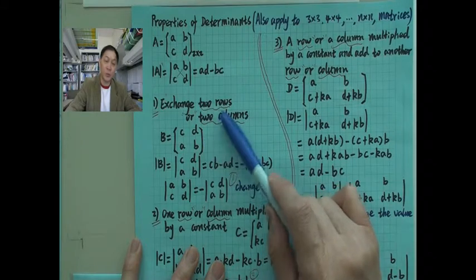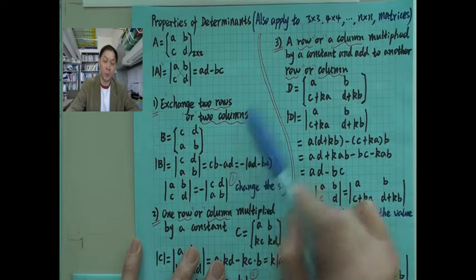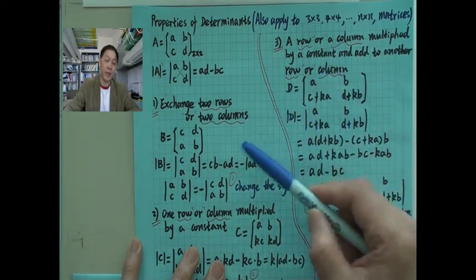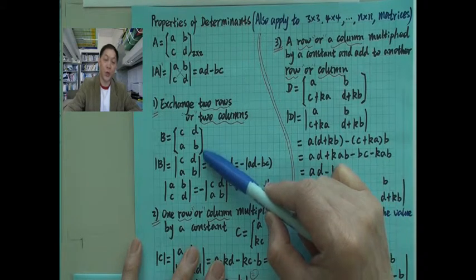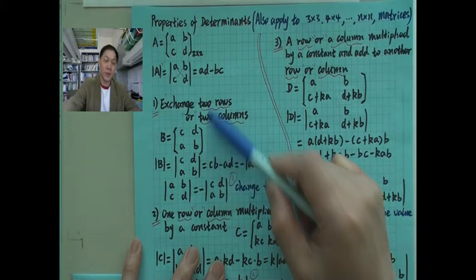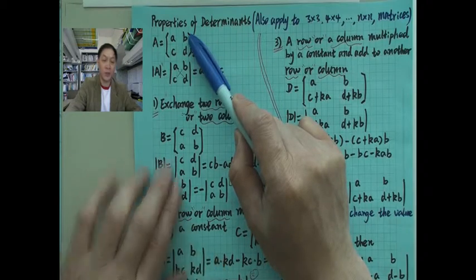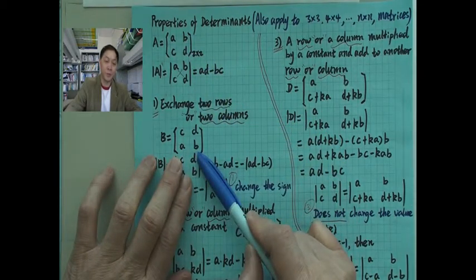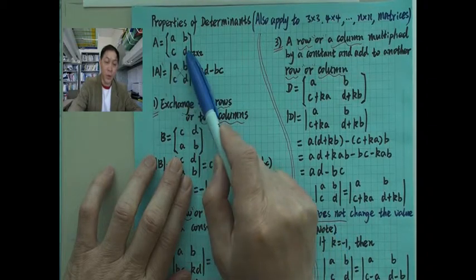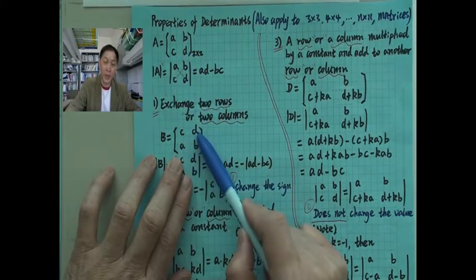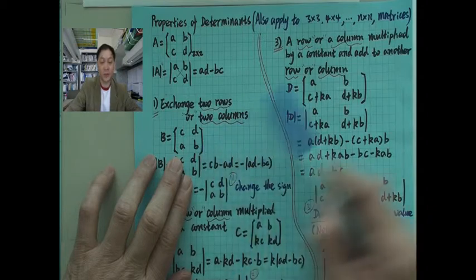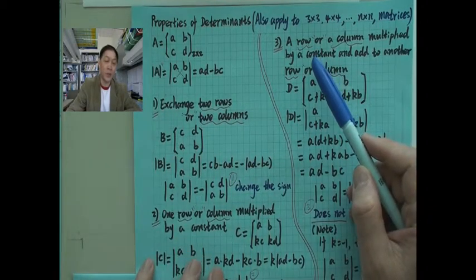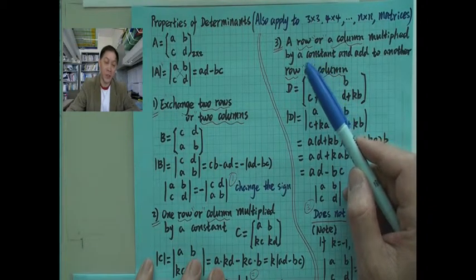If we exchange 2 rows or 2 columns, here I exchanged 2 rows. You see, A B, the first row, goes to the second row, and the second row goes to the first row. Then what's going to happen for the determinant?